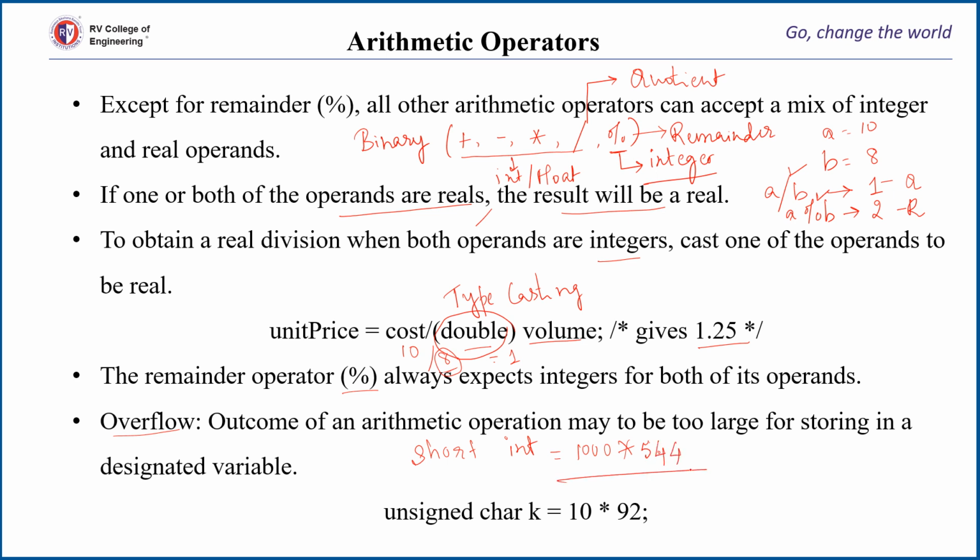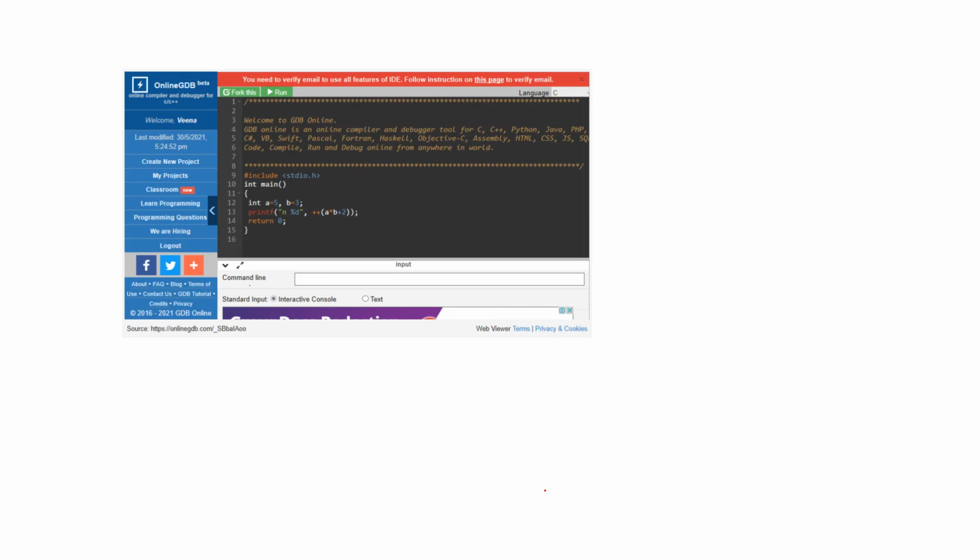I have this operation being performed. Since the answer does not fit into the range of short int, there will be an overflow and we would not get an appropriate answer stored into a. So, we should be pretty careful when initializing a data type for a variable.